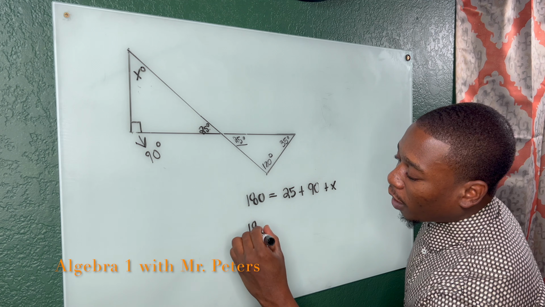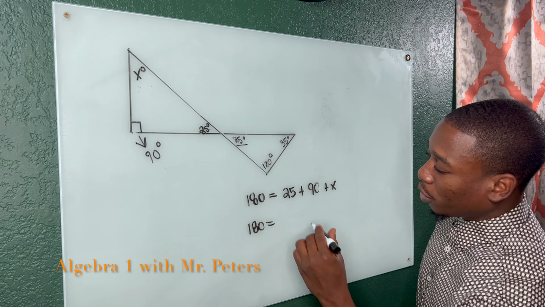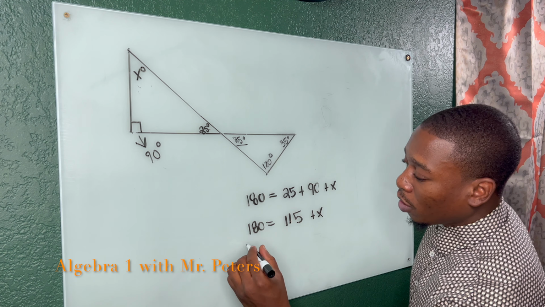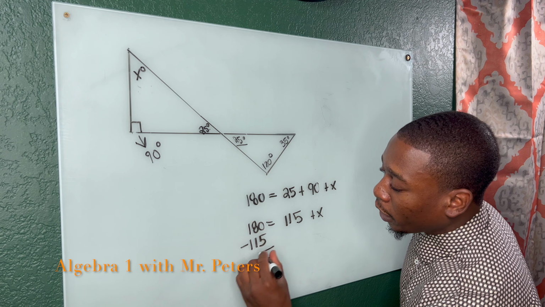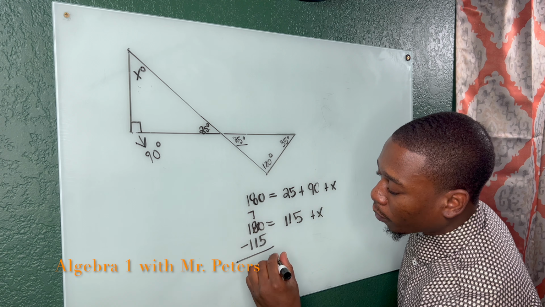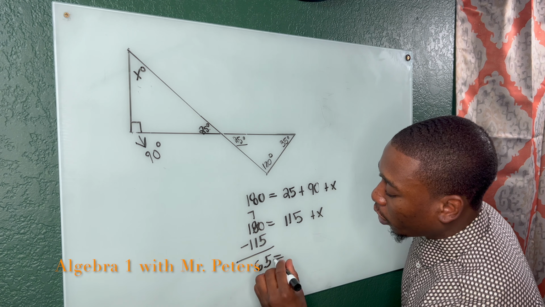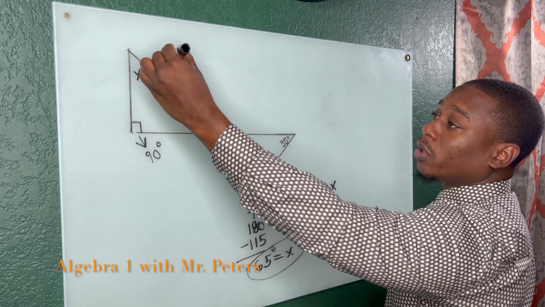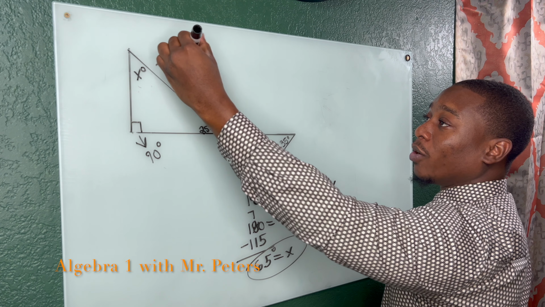And when we simplify, we'll have 180 is equal to 115 plus x. When we subtract 115, we're going to get 65 degrees is going to be equal to that missing angle.